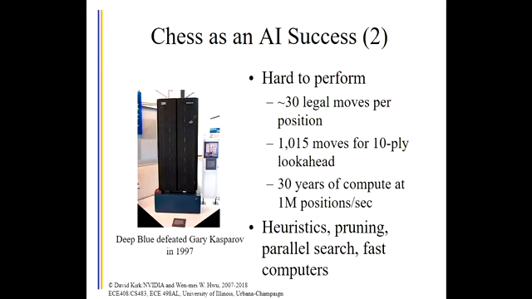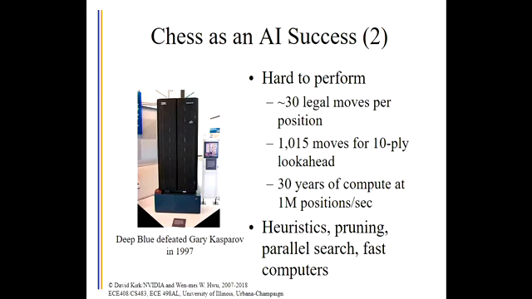But these things are hard to perform. Okay, you have, on average, about 30 legal moves per position. So every time you look at a board, there are about 30 possible legal moves on average. Okay, some of them are more, some of them are fewer.